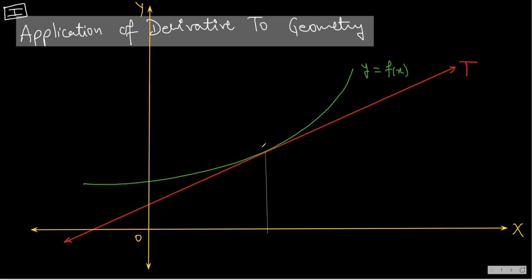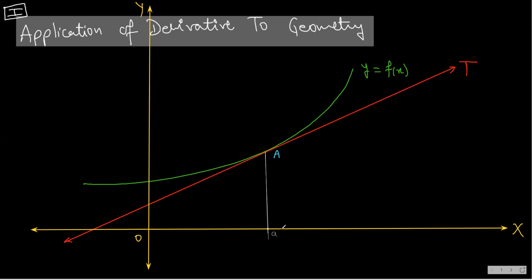So let the point be capital A, where the tangent is drawn to the curve. What I said earlier is that the point where the tangent is drawn has x coordinate a. If I project that point on the x axis, I will get small a here.